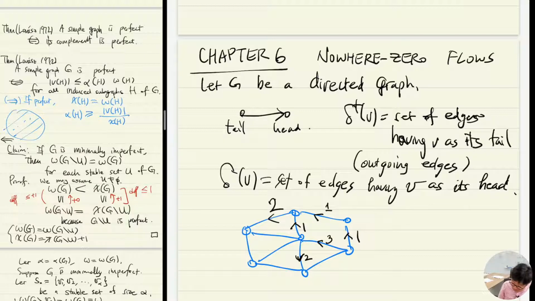So I need to send 4 here, because for this vertex 3 and 1 are going out. And here 2 is coming in and 4 is going out, so I need to send 2, and 3 is coming in, 1, 2. Okay, so maybe 1, 1. Now only one edge remains, and for this edge I have 1 coming in and 2 going out, so maybe in this direction I have 1. All right, so this is one instance of something called a circulation.